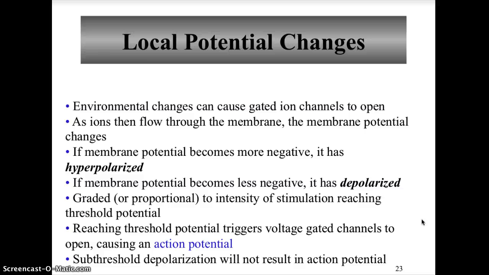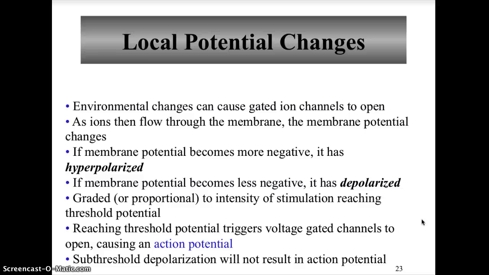So environmental changes can cause gated ion channels to open. As the ions then flow through, the membrane potential is going to change. If the membrane potential becomes more negative, it is hyperpolarized, and we'll see this later in a diagram. If a membrane potential becomes less negative, it is going to be depolarized.